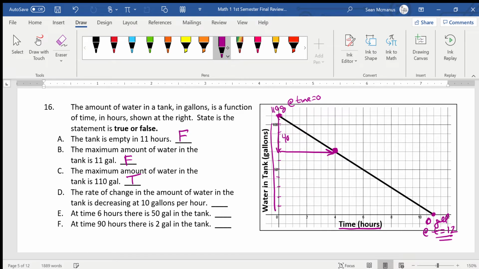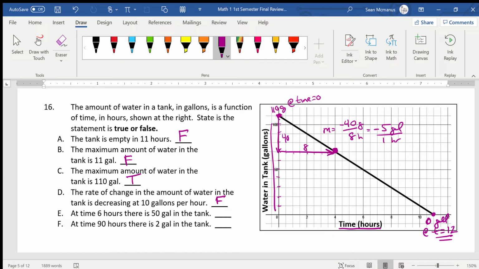Going down 40 every 1, 2, 3, 4, 5, 6, 7, 8. So my slope is negative 40 gallons every 8 hours, which is negative 5. It's going down 5 gallons per 1 hour. So the rate of change is 10 gallons per hour. That's false. It's 5 gallons per hour.